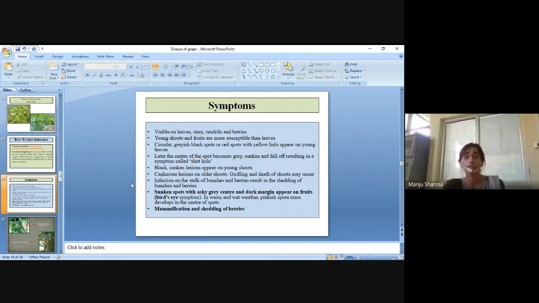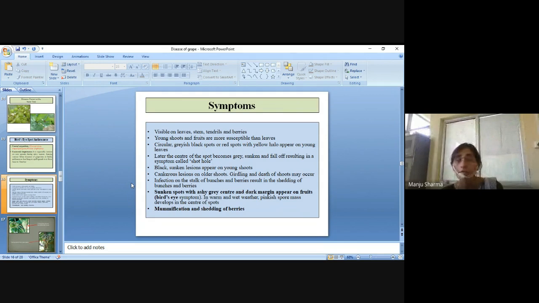Then next, infection on the stalk of bunches and berries results in the shedding of bunches and berries. Sunken spots with ashy gray center and dark margin appear on the fruit, the bird's eye symptoms.